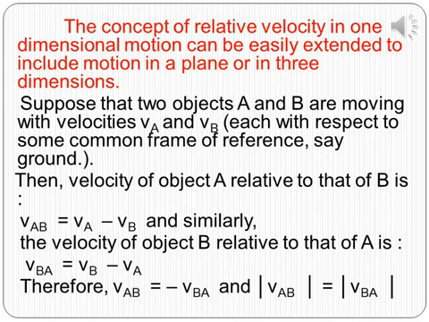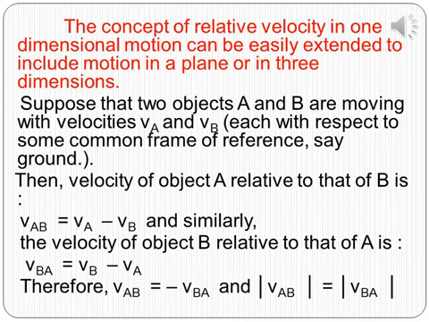Then the velocity of object A relative to that of B is VAB equal to VA minus VB, and similarly the velocity of object B relative to that of A is written as VBA equal to VB minus VA.